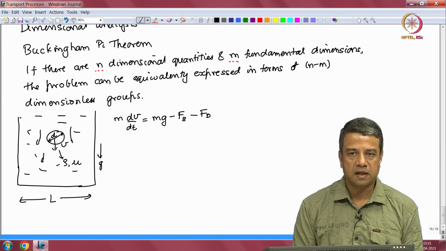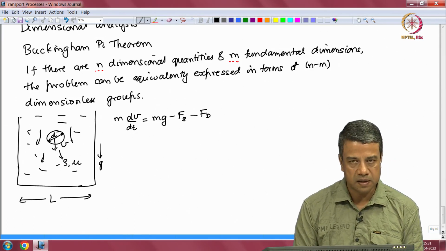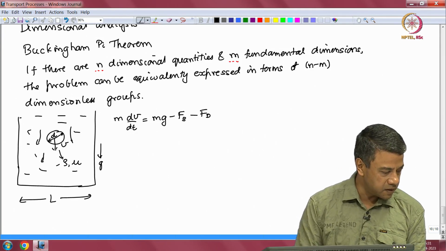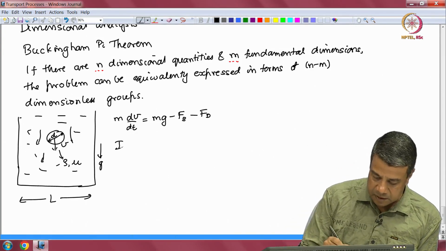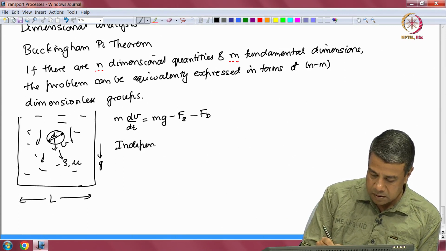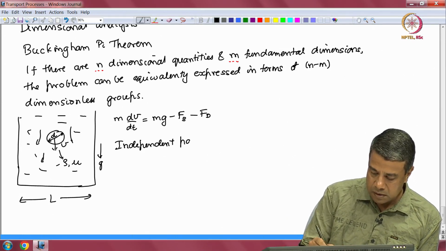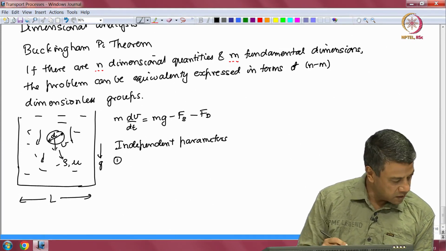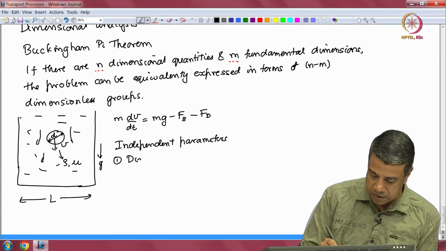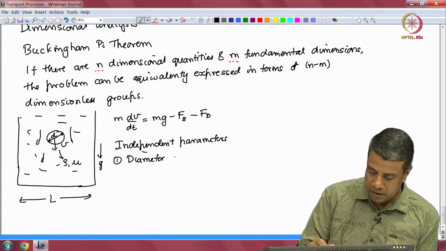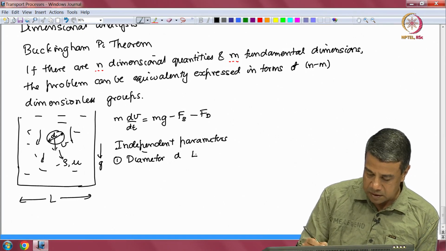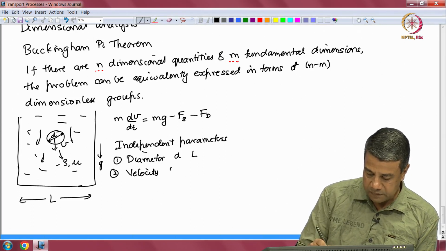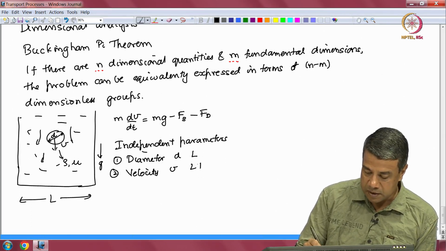If the length of the tank is sufficiently larger than the sphere diameter, this length will not be a parameter, and the only parameters, the independent parameters, which affect the drag force, the first one is the diameter of the sphere, d with dimensional length, the velocity v with dimensional length per unit time.